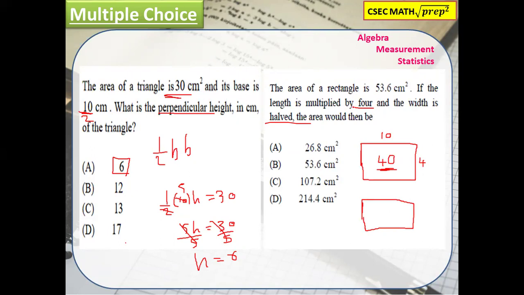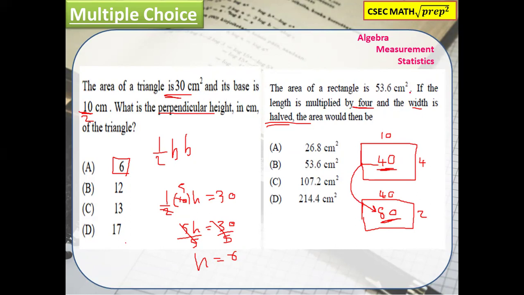But what if I apply the rule that's given in the question? If I multiply the length by 4, then this is now going to be 4 times 10, which is 40. And they say the width is halved. If I halve this, I'm going to be getting 2. The area for this rectangle now would be 2 times 40, which is 80. And in comparison, I recognize that the 80 is twice the 40 that I have up there, right?